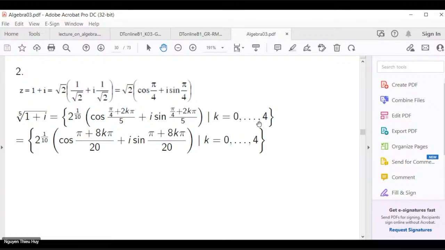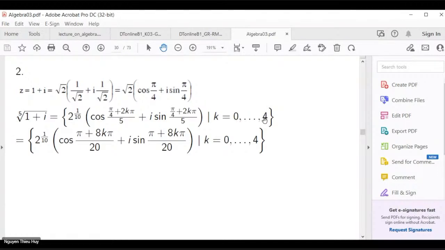We have to let k run until you obtain exactly 5 elements. So from 0 to n minus 1, with n equals 5, we obtain 0 to 4.